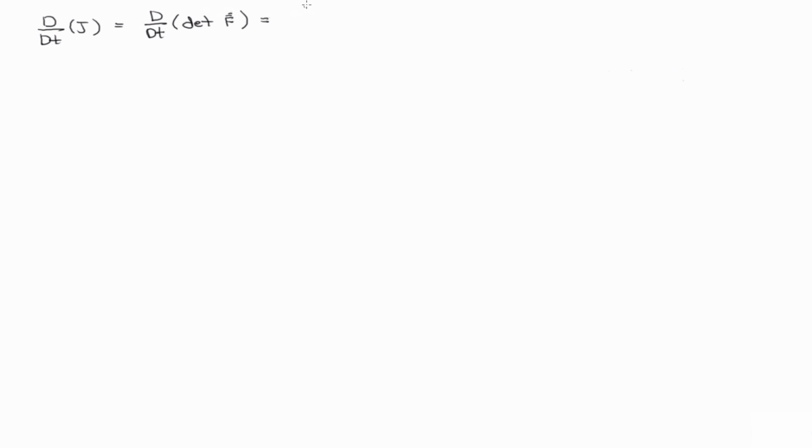And so what we're going to say is that the partial of the determinant of F with respect to its components, times the time derivative of those components, like that. So that was nothing but the application of the chain rule.